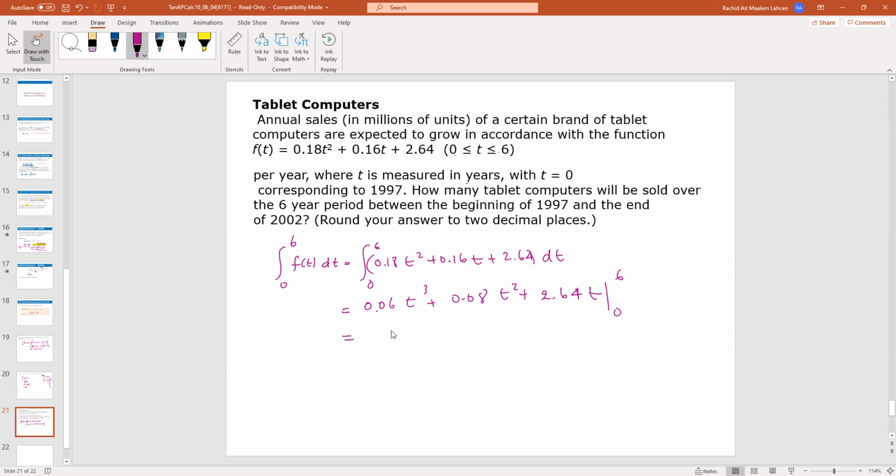So the only one that's going to matter here is the 6. And that's going to be 31.68. And of course, this is in millions of units.